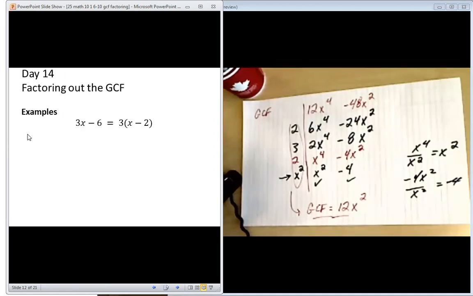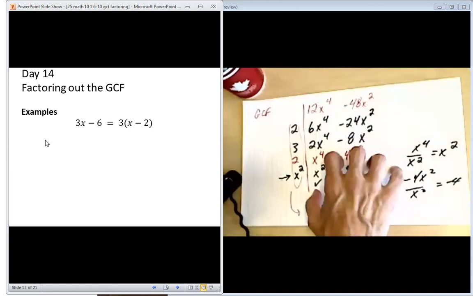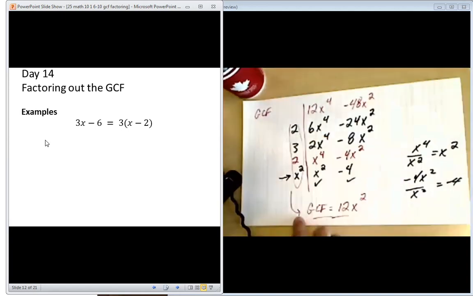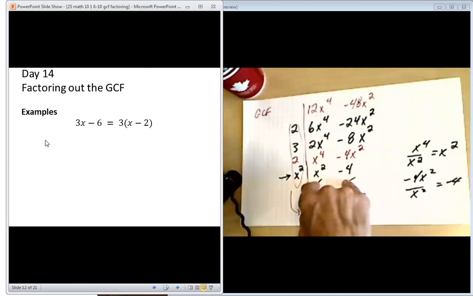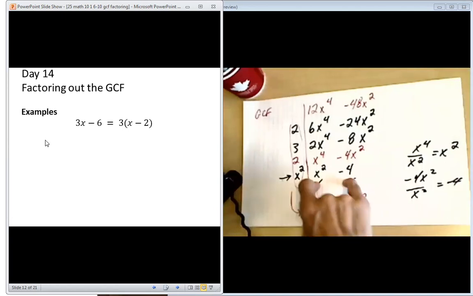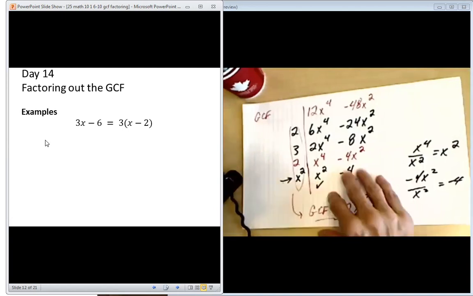And then the stuff that's left over on the inside, that's going to go afterwards. So watch. We're going to tie this together, the GCF, along with what we get down here. This last line.